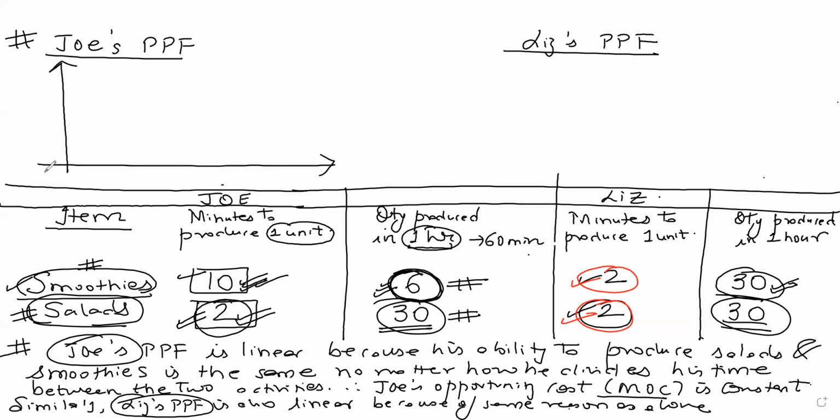So on the horizontal axis, we are measuring smoothies per hour, and on the vertical axis, we are measuring salads per hour. In 1 hour, how many salads and smoothies can be produced?